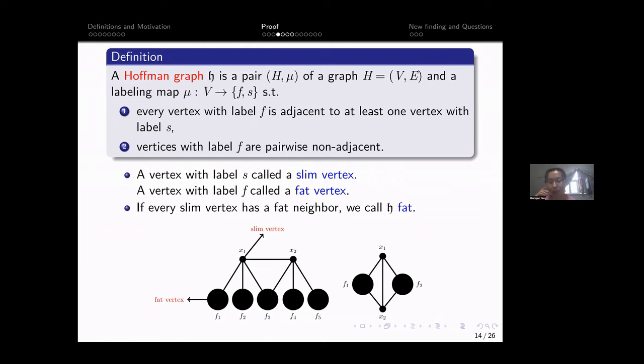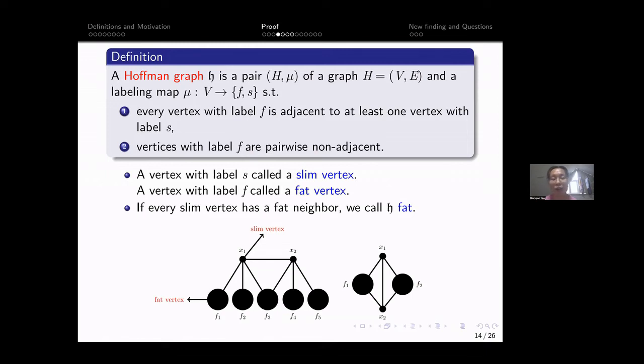I want to say here that when Hoffman graphs were introduced at the beginning, they were used to study graphs with fixed smallest eigenvalue and very large valence. So Hoffman graphs are useful to study graphs with fixed smallest eigenvalue.